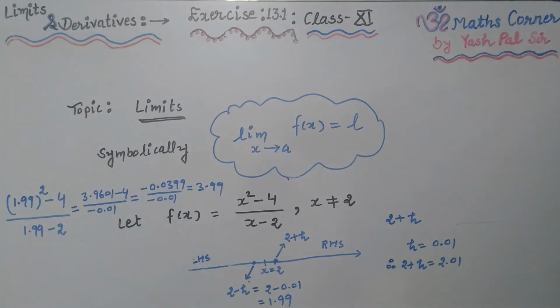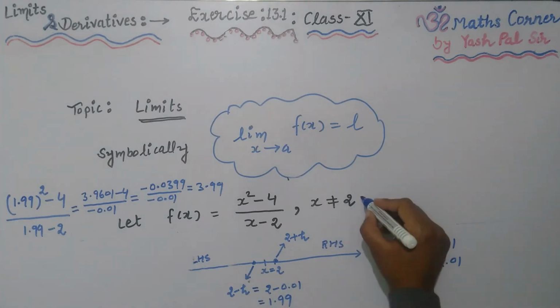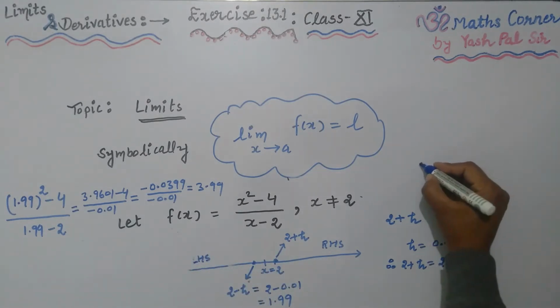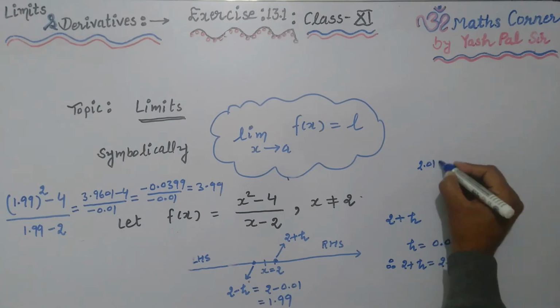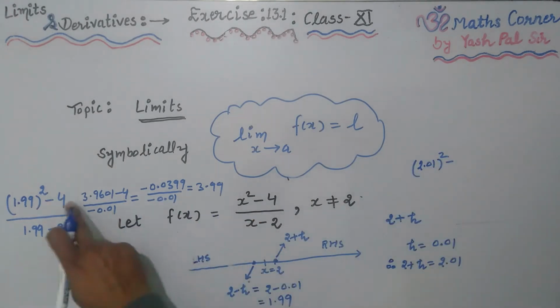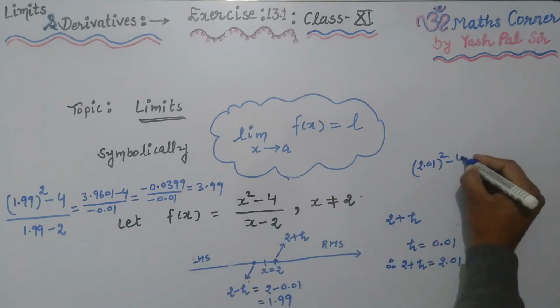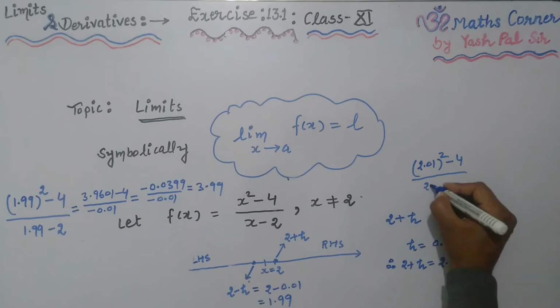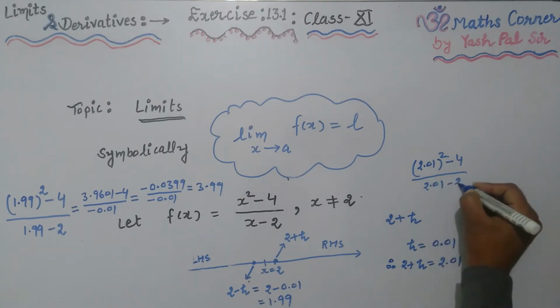Similarly we take the right hand side. Let us see what happens. We take x is equal to 2 plus h, that is 2.01. Then f of x becomes (2.01 whole square minus 4) divided by (2.01 minus 2).